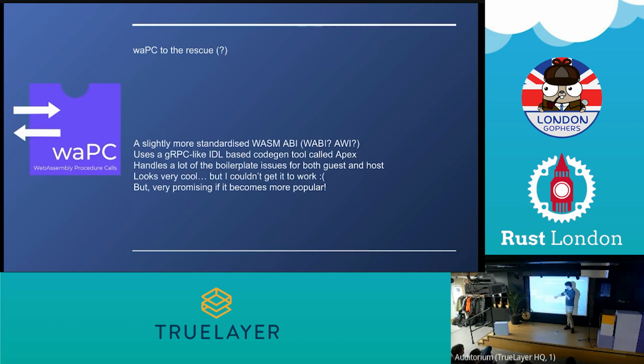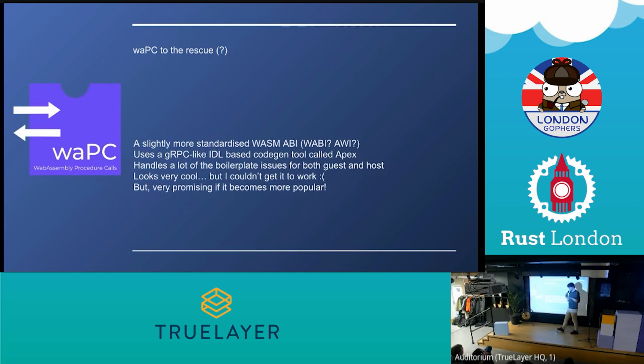It uses a gRPC-like IDL, an interface definition language, where you effectively describe in a declarative format what your function calls look like, and then from that it generates code for both languages. Well, it generates the code for the Golang side dynamically during runtime, and then at the other end of things in the guest program, you have a bunch of generated stubs basically to talk to the host program.